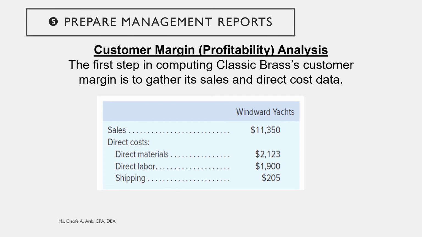Now, let's say for example, this is the data under Winward that you have gathered. Your sales amounted to how much? 11,350. And then you have the following direct costs: DM of 2,123, direct labor of 1,900, as well as shipping cost of $205.